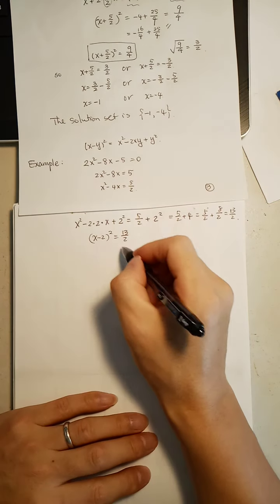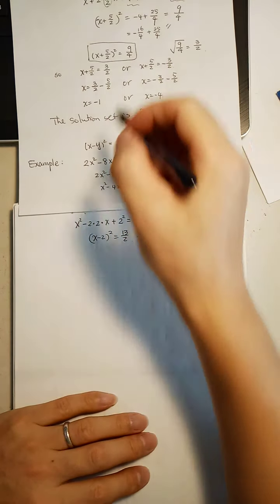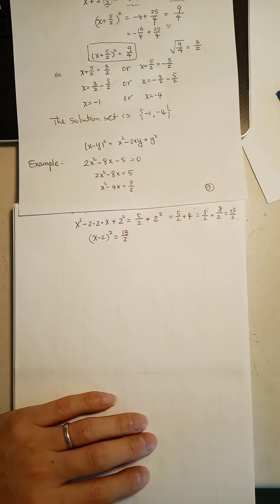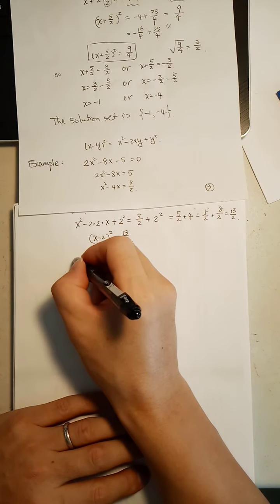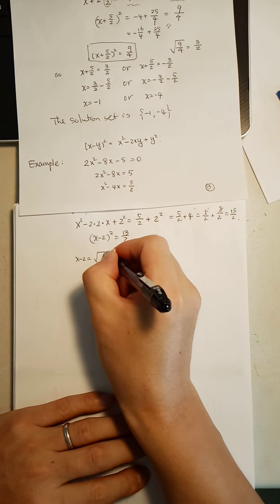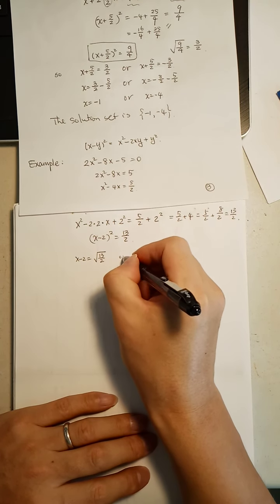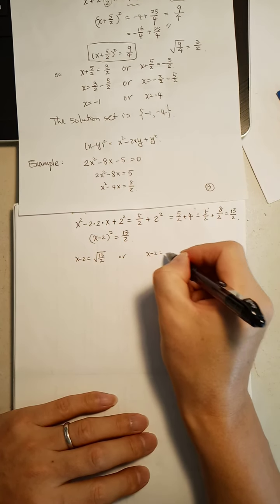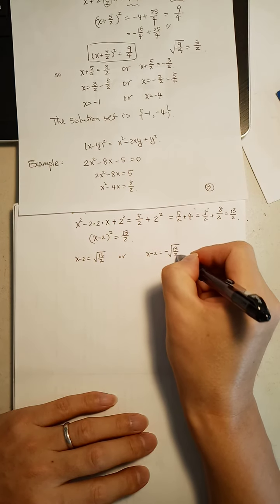Right? At this step, it is close to the same thing as the previous example. So you get x minus 2 square root of 13 over 2, or x minus 2 is negative square root of 13 over 2. Two solutions.